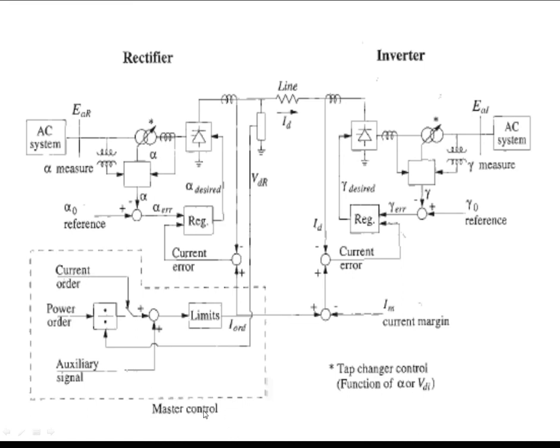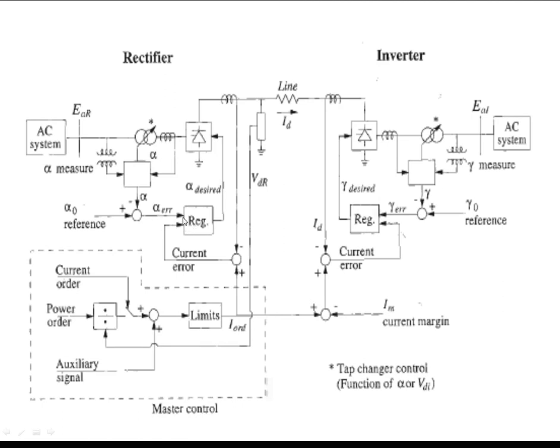Again repeating the master control function. Whenever the current order is given by this master control, the limit is applied to the current order value and it generates the I order. This I order is given to the summation block. The actual current is measured from the DC line and applied to the summation block. Whatever the difference between I order and actual current generates the current error, and this current error is given to this regulator.